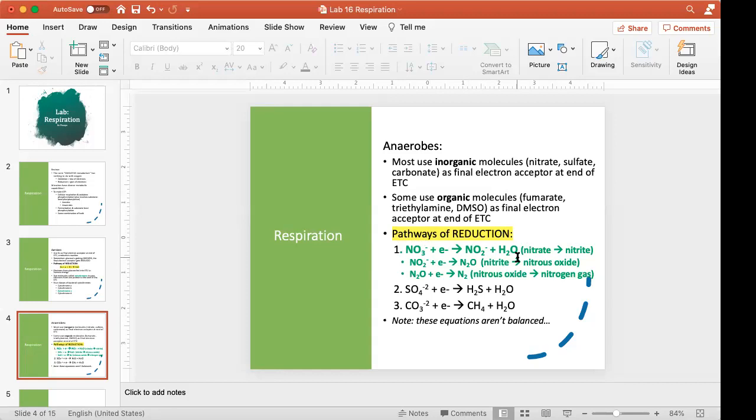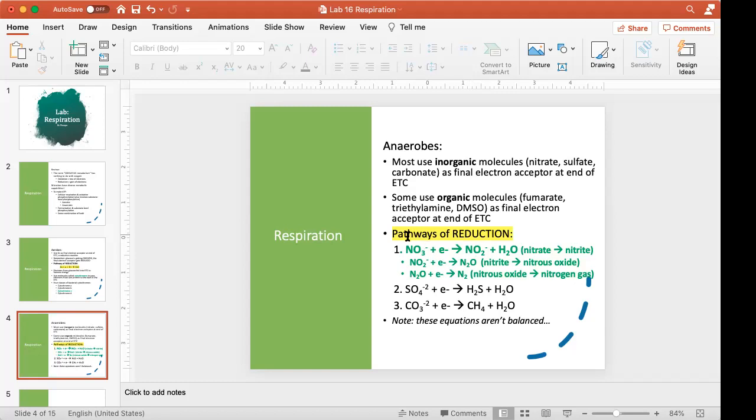But in other species, the nitrite will go on and get further reduced. It will accept more electrons, and you'll get a molecule called nitrous oxide. I'm sure you've heard of nitrous oxide before. And in some even further species, the nitrous oxide can get further reduced. You can add electrons to nitrous oxide, and what you're going to get is nitrogen gas.